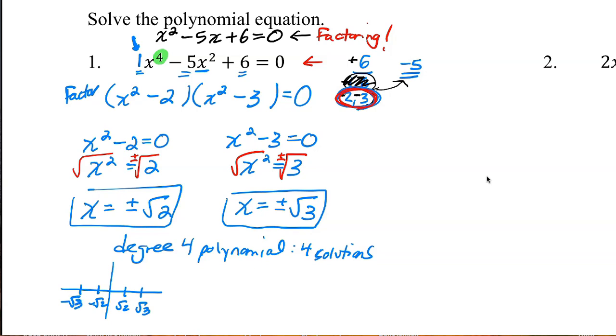That's what those solutions are telling us, and it's an even function, so it would probably look something like this if we were to sketch the graph. So it's pretty cool, these solutions tell us the x-intercepts, and then we can tell how many directions the graph has. It has 4 directions, and it's an even function. It's a positive leading coefficient and all those things. So that was number 1.